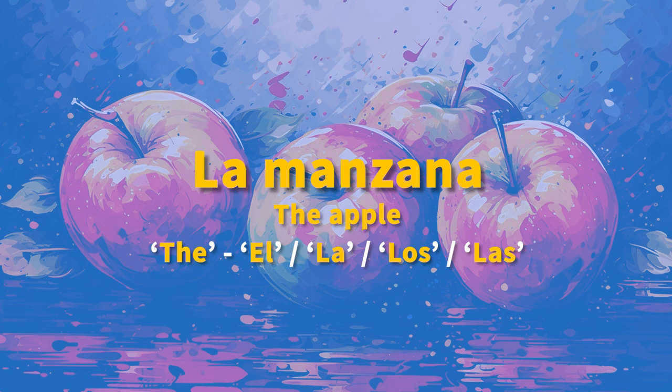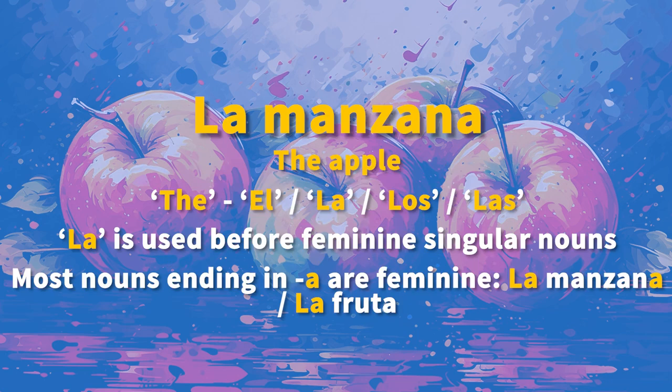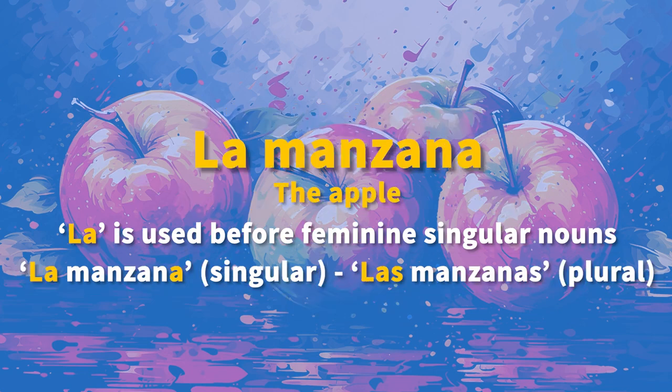El, la, los, las. La is the definite article used before feminine singular nouns, like la manzana or la fruta, the fruit. Most nouns that end with the letter A are feminine, which is why they go with la, like la manzana or la fruta. To make a feminine noun ending in A plural, just add an S to the noun and change la to las.